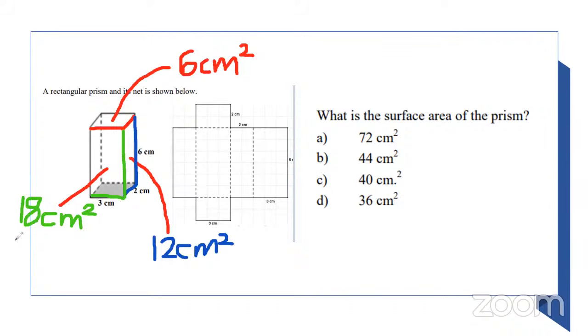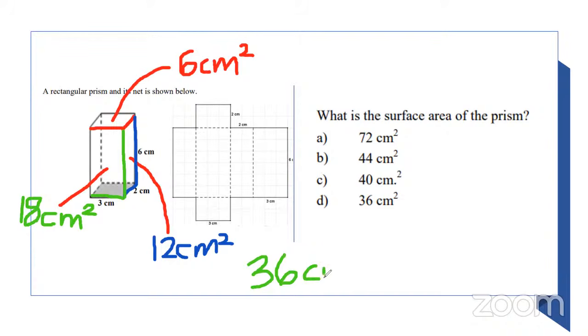All right, so we have 18 plus 6, that is what? 18 plus 6 is what? All right, that's 24. 24 plus 12, that's 36. So we have 36 square centimeters.